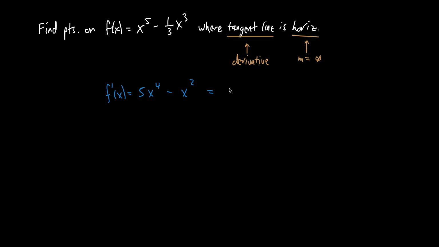So now I need to set this equal to 0 because I want to find where the slope of the tangent line is going to be 0, right? Or the tangent line is horizontal. To do this, I would factor out an x squared. Whenever I have a couple terms and it's equal to 0, sure, we could take our x squared, move it over, and try to solve it that way.